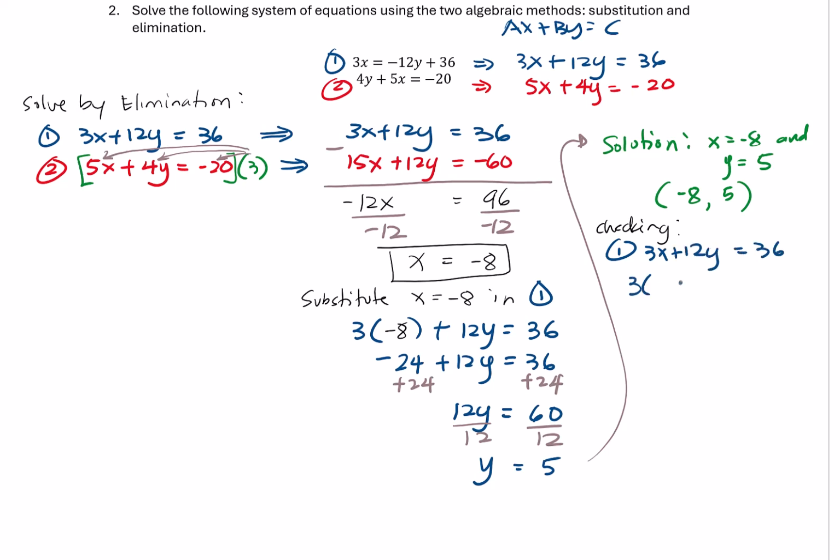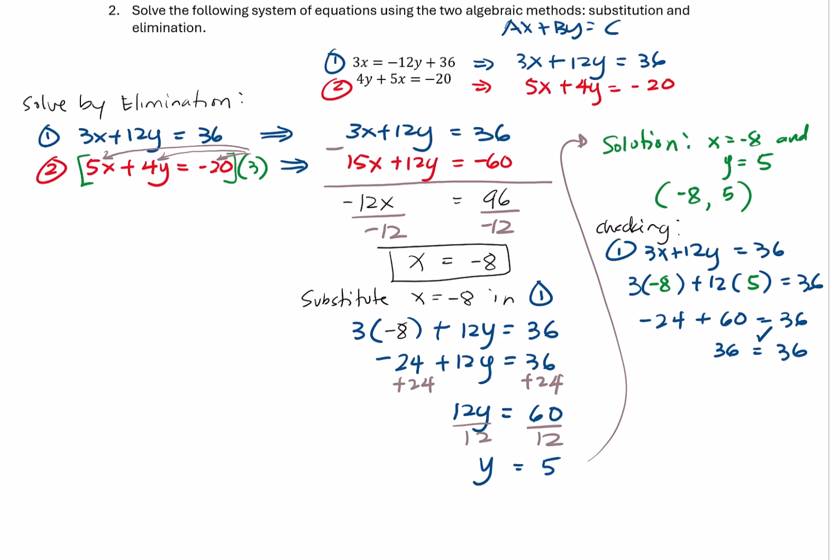This is 3 times the x plus 12 times the y value equals 36. Let's input the x and y values in there. x is negative 8 and y is 5. This is negative 24, this is 60, equals 36. 60 minus 24 is 36, so 36 equals 36. So it satisfies equation 1.